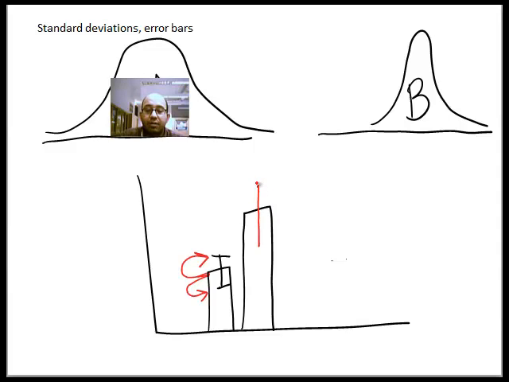The same thing here. The size of the error bar from there to there, this distance is 1 standard deviation for this set of data. Same thing down here, from there to there, these 2 distances should be the same.